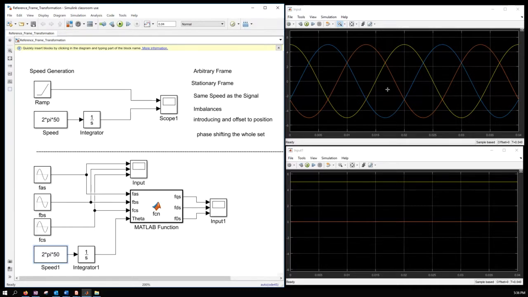So we'll talk about that in more detail when we come to that algorithm. For now, we're trying to understand, okay, we can do the transform, we can go into this reference frame, and it makes the signals look DC.